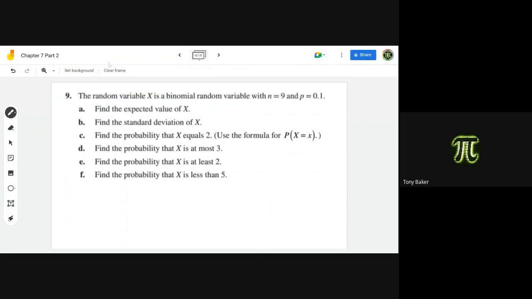All right. So we have a binomial random variable. N is 9 and P is 0.1. What is the expected value?